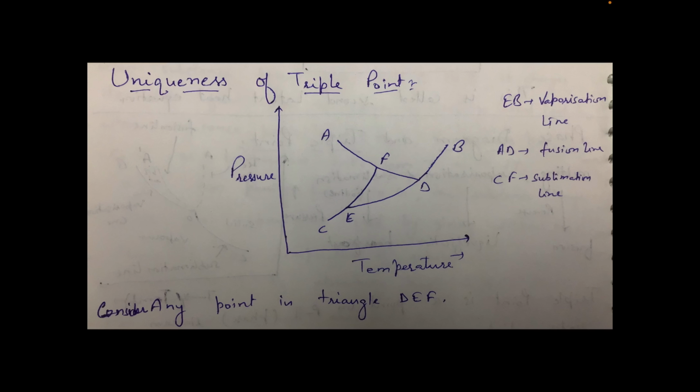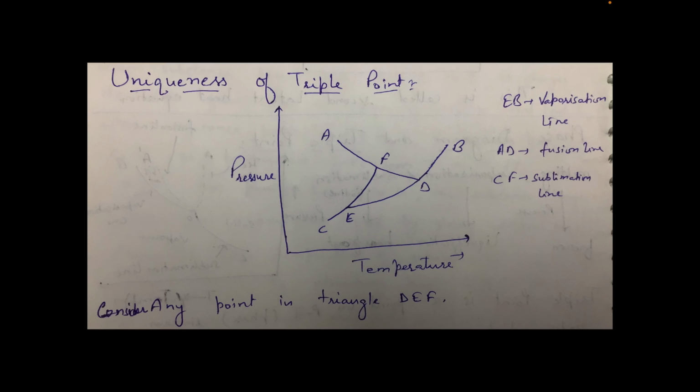Now to prove the uniqueness of the triple point, let us consider any point in triangle DEF. The point in triangle DEF is towards the right side of sublimation line CF, because here CF represents the sublimation line, and on the right side of the sublimation line is its vapor state, and on the left side of CF is the solid state of the substance.